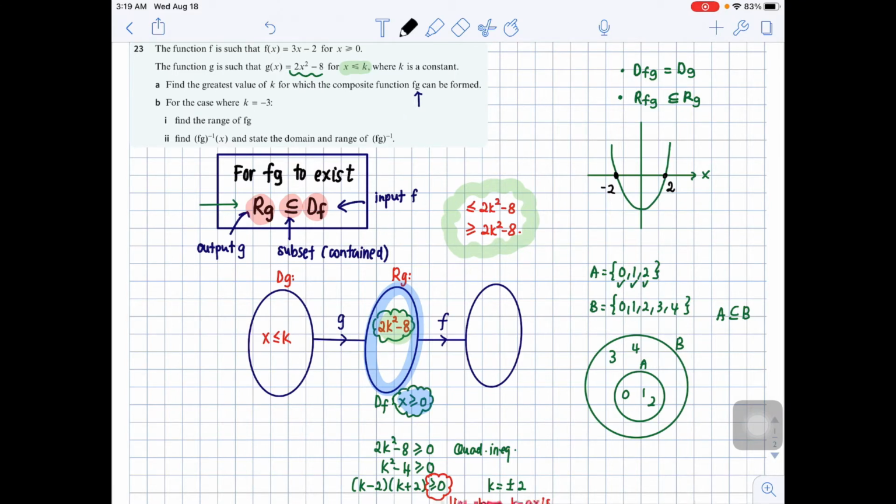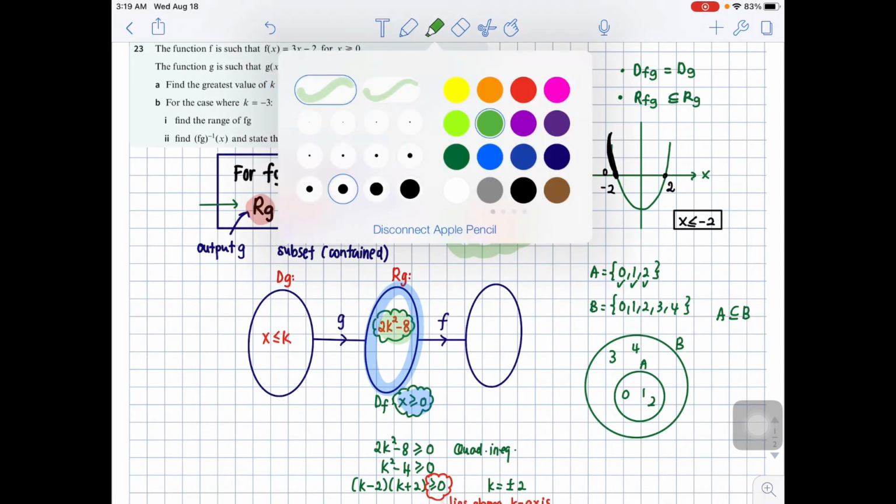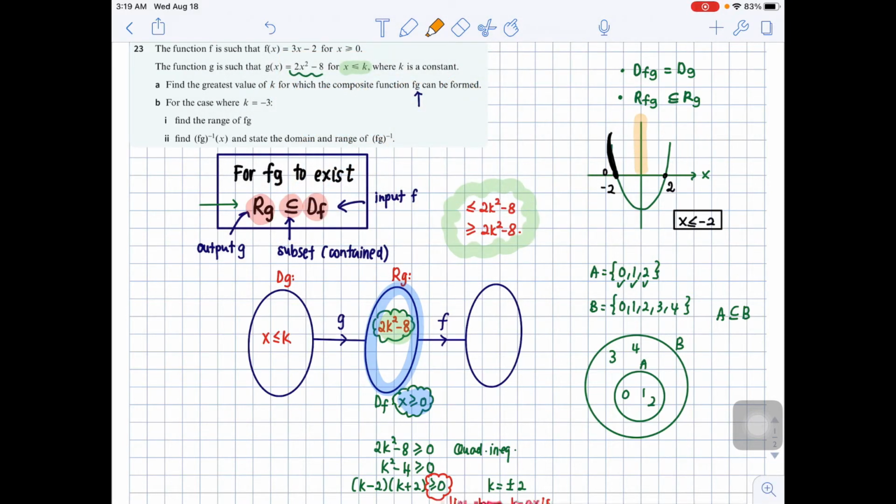If you are saying x less than or equal to negative 2 now, which we have taken as the answer, the lowest value is going to be 0 this way, correct? This side. So your range is over here. This is what you are looking at. Your output is going to be more than or equal to 0, which tallies with this portion now.